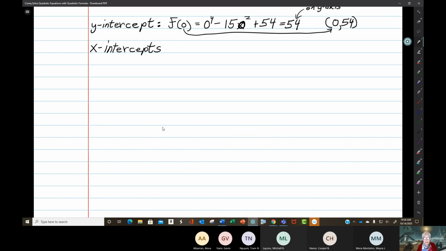So you just have to play it by ear. The first thing you do when you're finding x-intercepts is you find the zeros of the function, which is what we did some of yesterday.